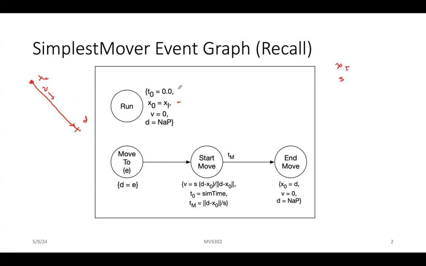In our run event, we initialize our states, and then there's a move to event that we're going to hear from somebody. That causes the state transition where we set our state variable destination equal to whatever that argument is, and then we schedule a start move event, which is where a lot of the calculations go.